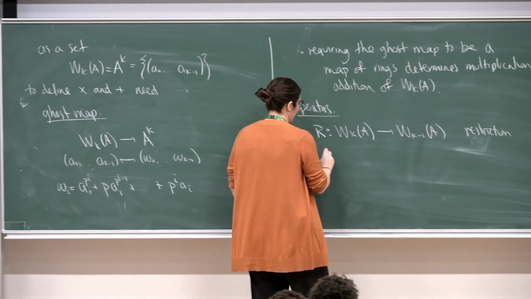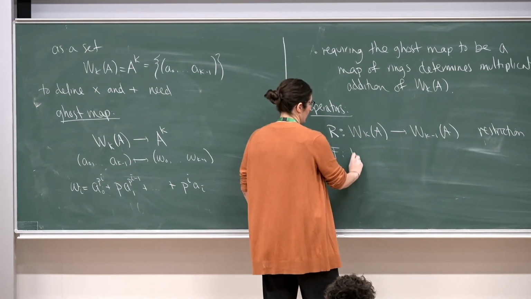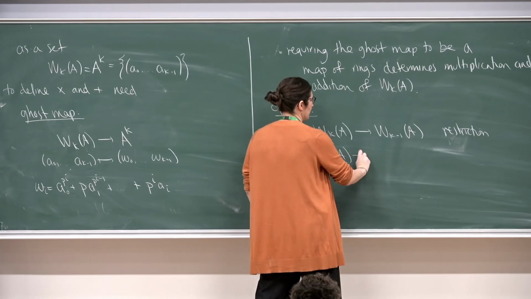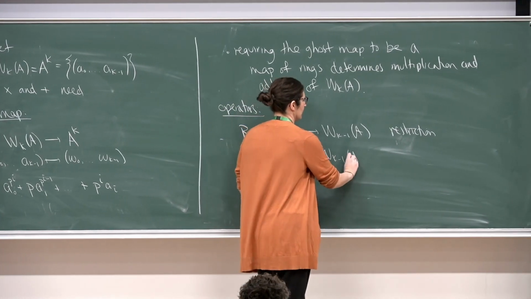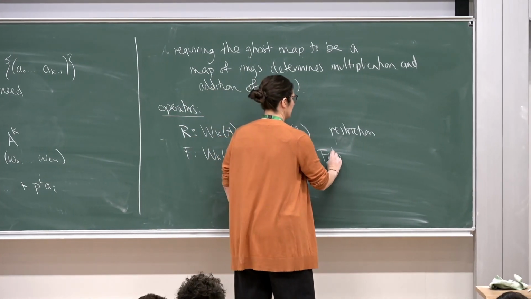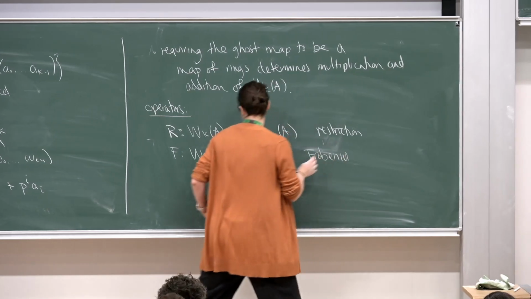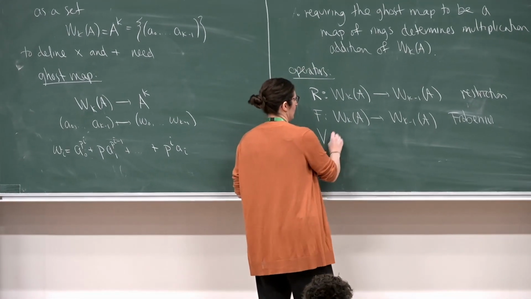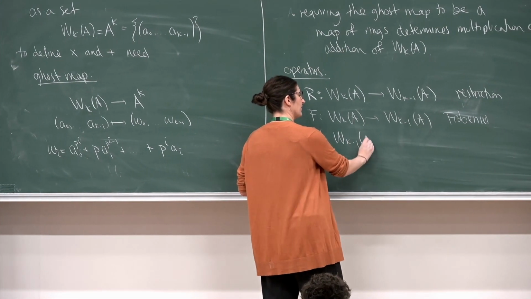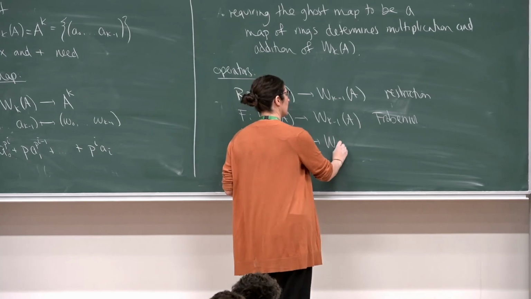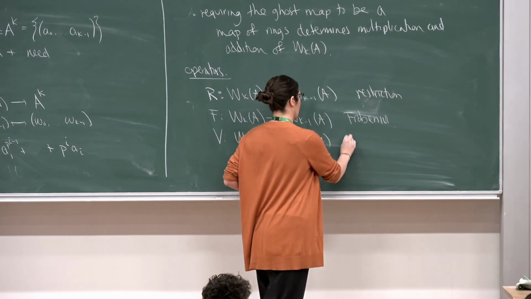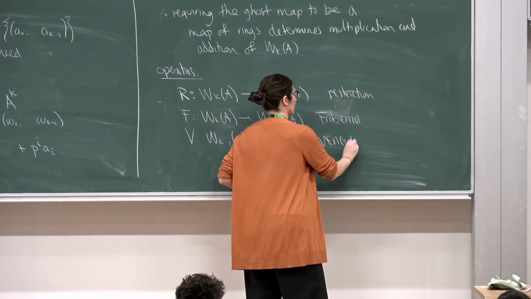I have an operator F, which goes from the length k p-typical Witt vectors to the length k minus 1, which is called the Frobenius. And I have an operator V, which goes in the other direction from the length k minus 1 to the length k, and this is called the Verschiebung.